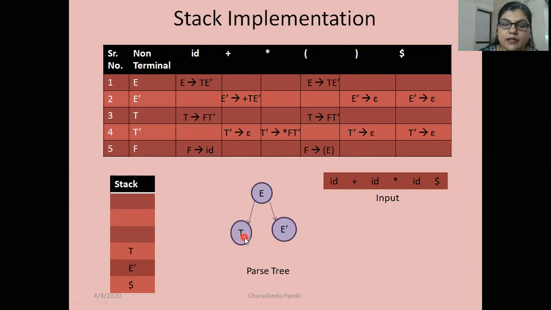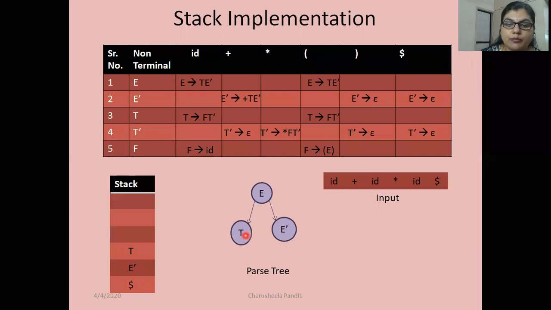As this is an LL parser, one L stands for parsing the input string from left to right, and the other L stands for leftmost derivation. In this expansion there are two non-terminals, T and E'. Because we have leftmost derivation, the non-terminal which comes first from the left gets expanded, and that is the reason T will get expanded first.